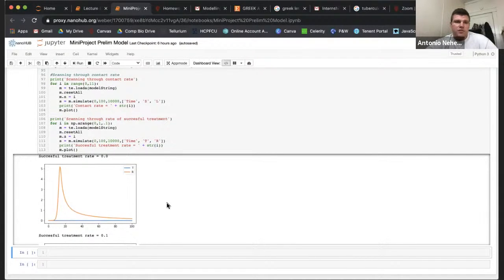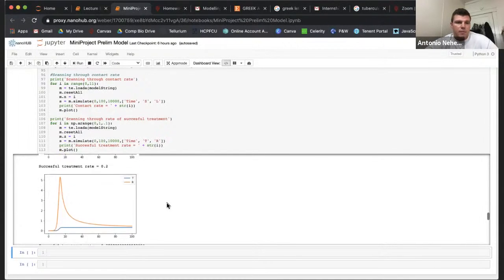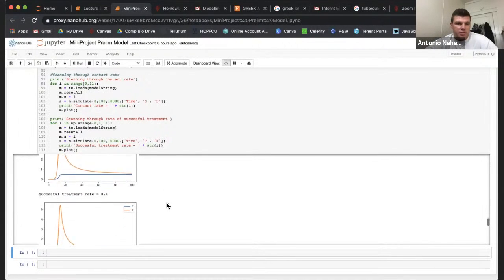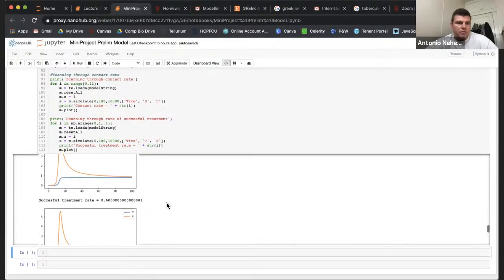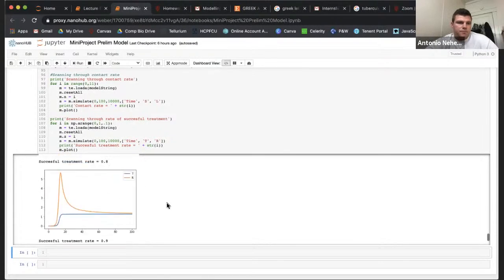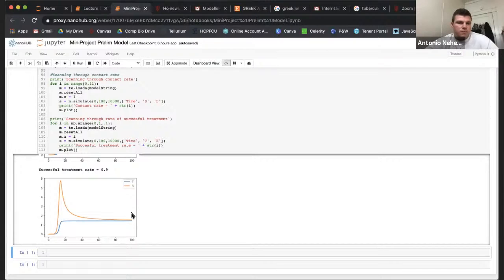It's comprised of the rate at which you identify people times your treatment success, and that determines how many people actually get sent into the treatment label. And as you increase the successful treatment rate, more and more people get sent into that treatment.